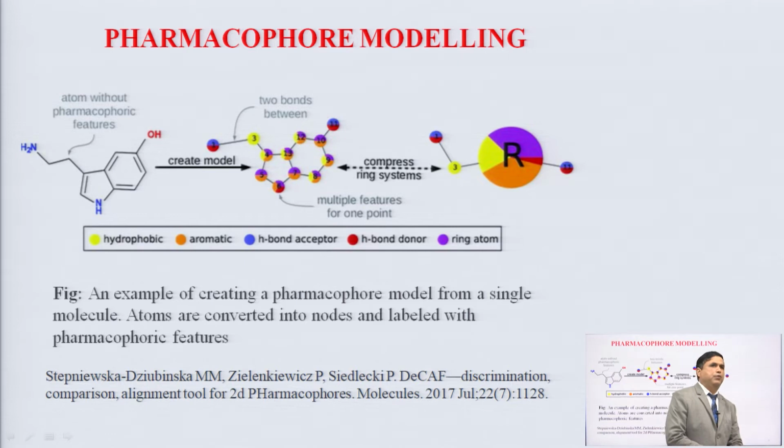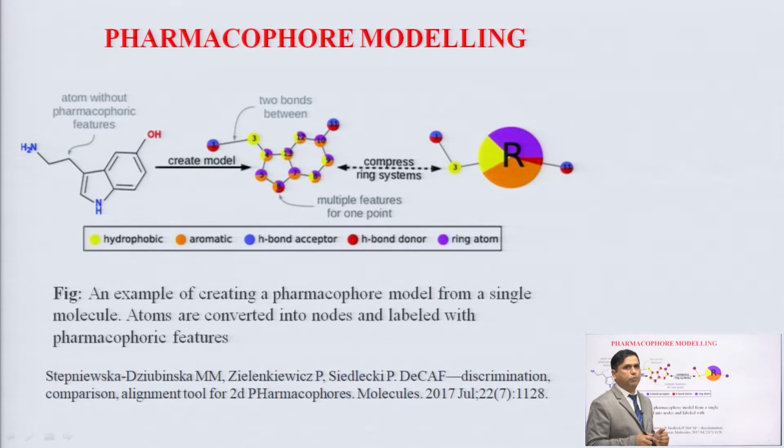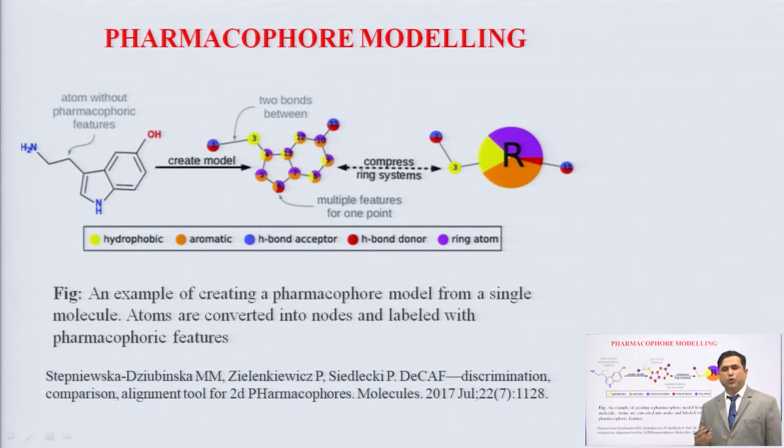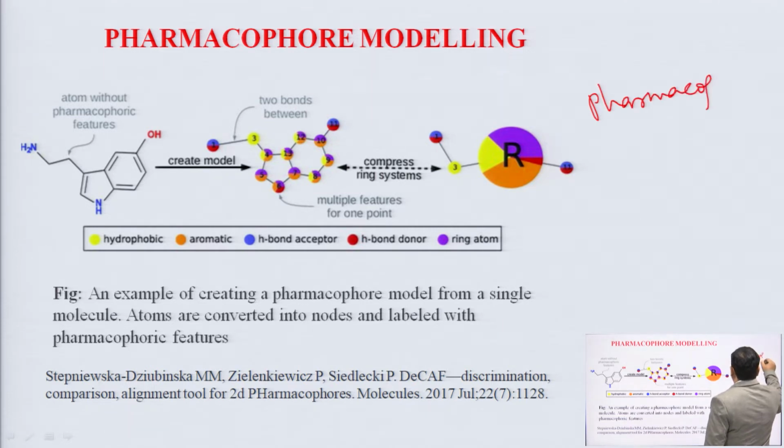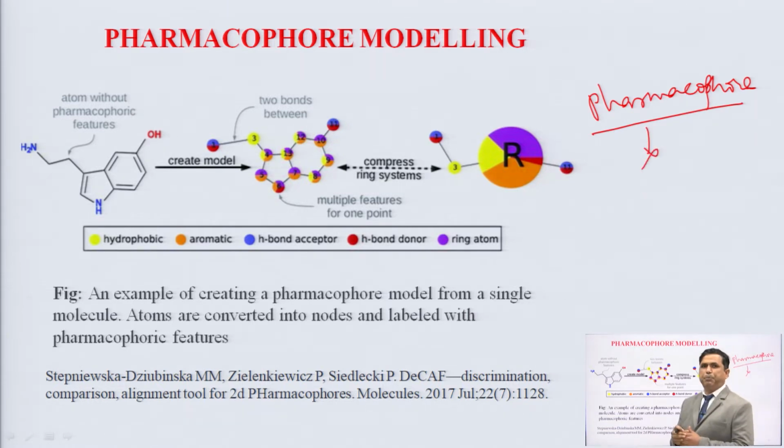Now, in pharmacophore modeling, suppose we have a set of molecules. In this set of molecules we are able to design a pharmacophore. The common features of all these molecules combined together give the pharmacophore. So, we have to identify the basic features of all the compounds.